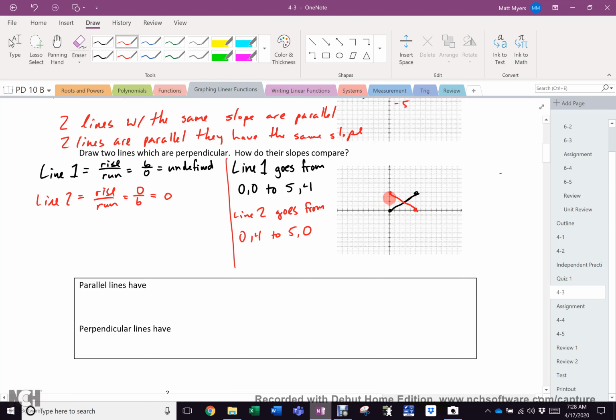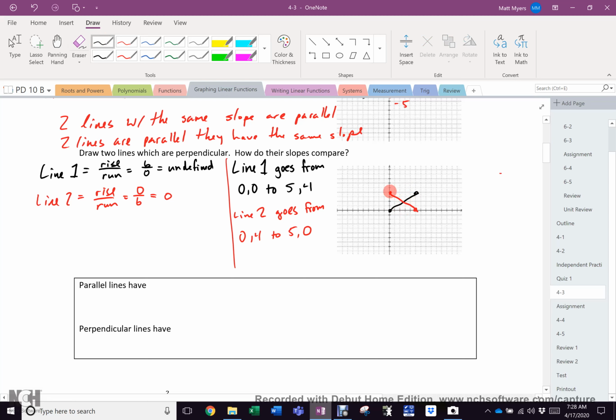Now, when I do that, check. They cross over. Do they meet at 90 degrees? You can see that those do not meet at 90 degrees, do they? And you can see quite plainly that that is not 90, right? So check the black slope.